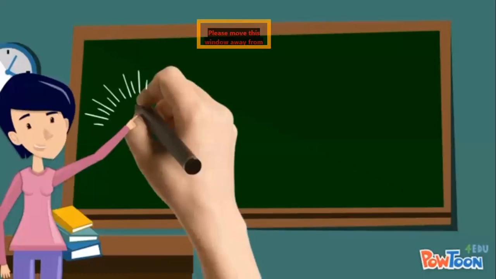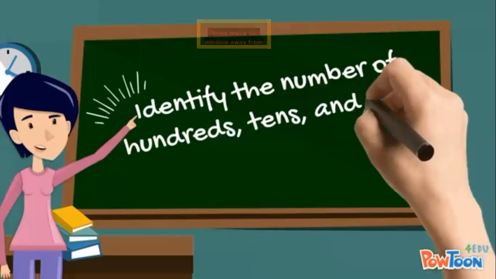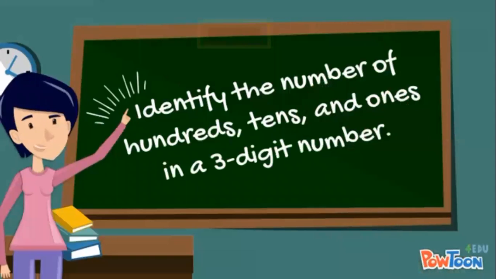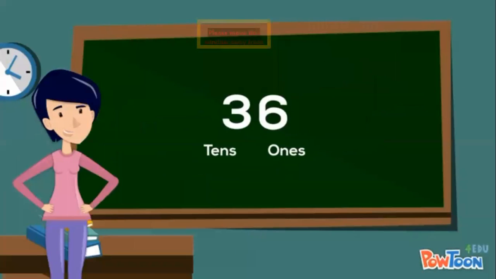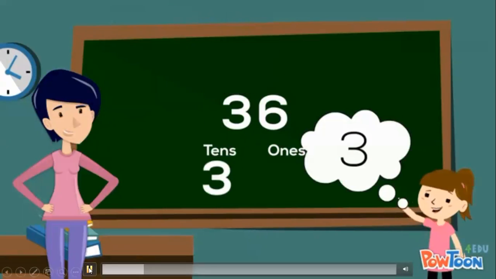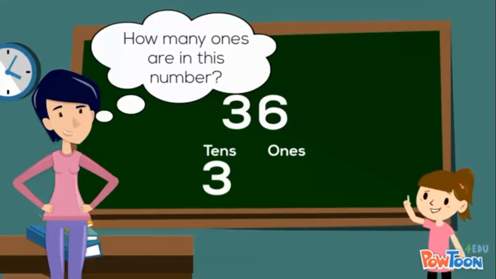Today, we will learn to identify the number of hundreds, tens, and ones that make up a three-digit number. Let's review how we model two-digit numbers using place value blocks. How many tens are in this number? 3. How many ones are in this number? 6.